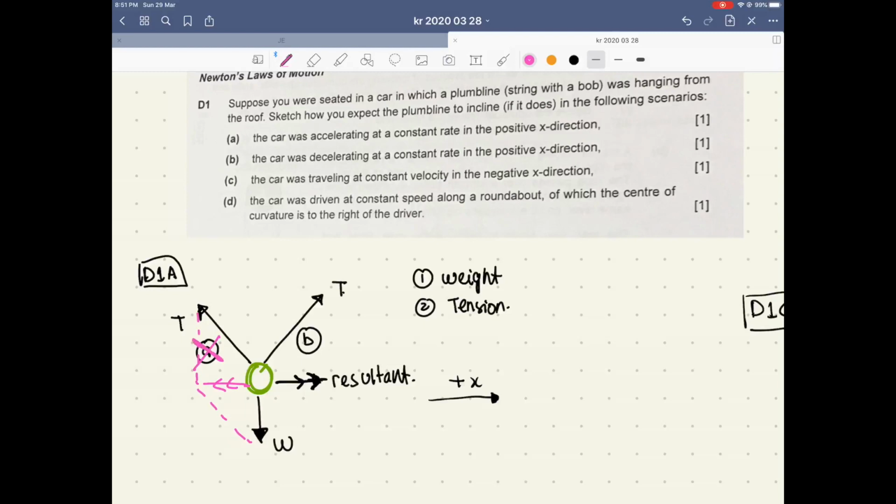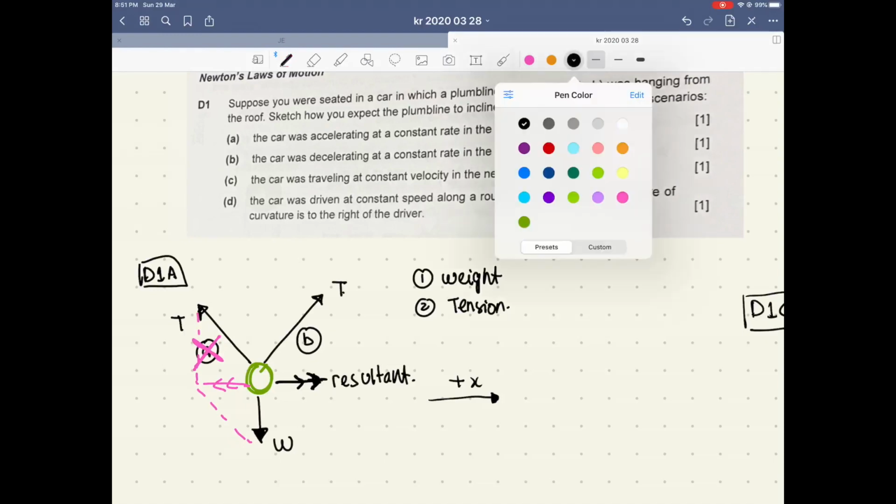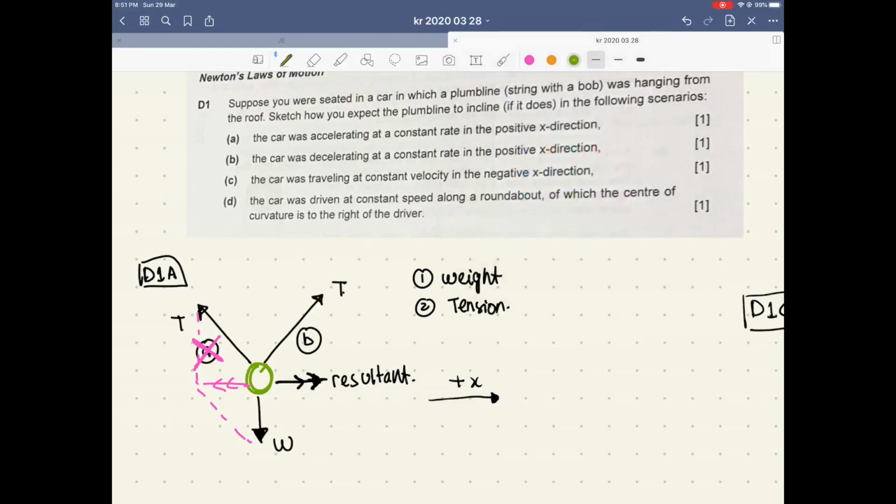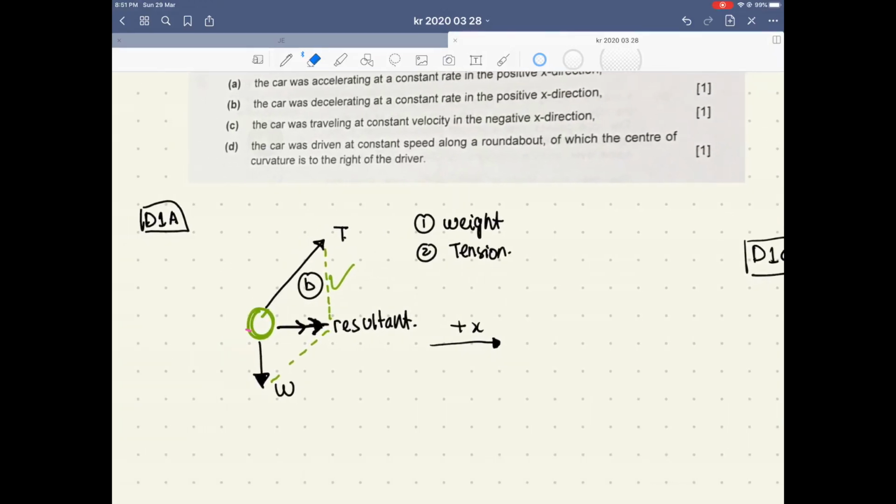The correct one will be B, because if you find the resultant, it will be pointing to the right. So B is correct. So we erase A. That's how you sketch the diagram, right? Weight and tension.